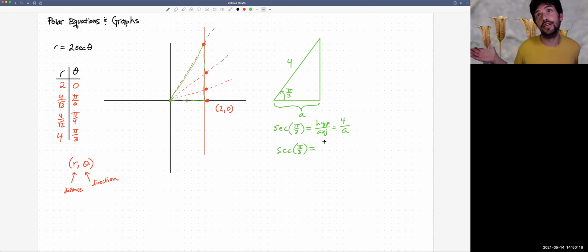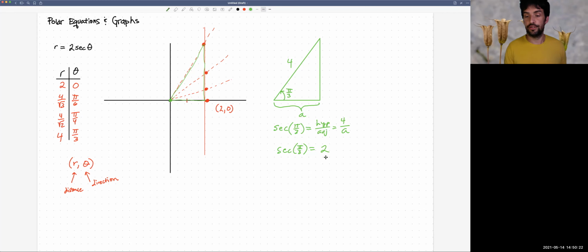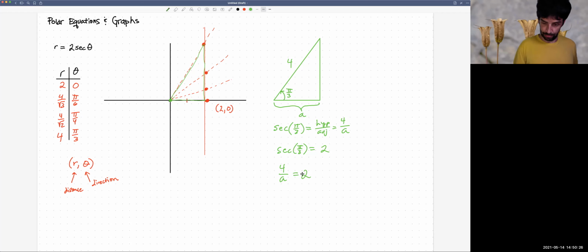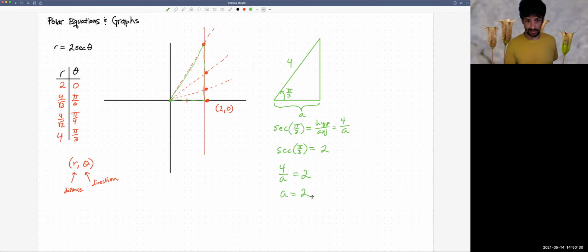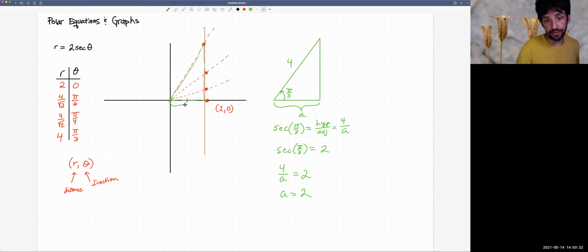Cosine of pi over 3 is 1/2. Its reciprocal is 2. So the secant of pi over 3 is 2. That means 4 over A must be equal to 2. And this is easy enough to solve to see that A is equal to 2. In other words, this distance in here is 2.